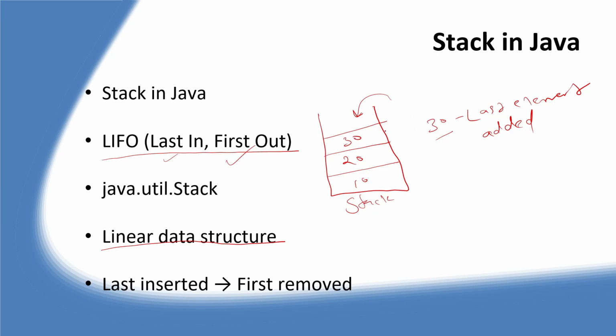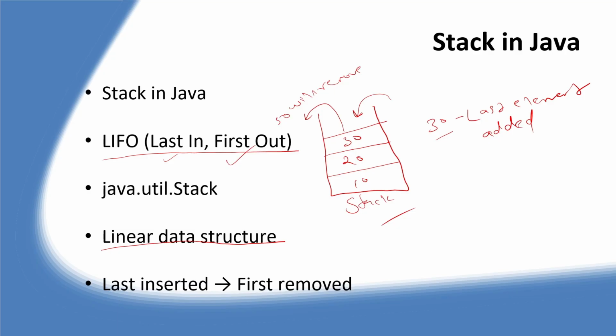The element which was added last will get removed first. So 30 will get removed first. So the principle is saying last in first out. This means the last element added to the stack is the first element removed.